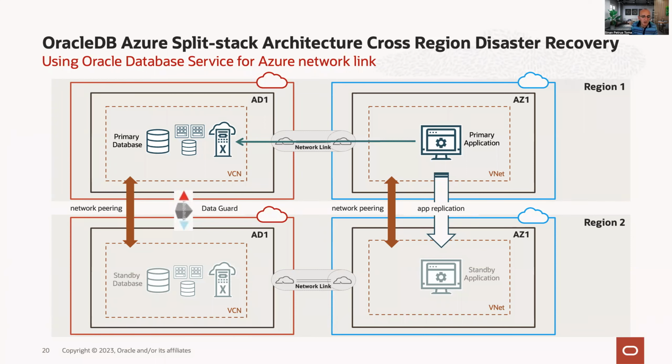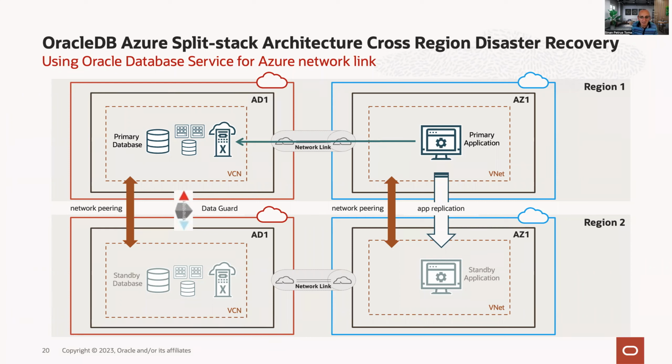We have region 1 on the top left side, and then OCI region 2 on the bottom left side. And this is what we described in the previous slides. We have two Oracle databases, networks are peered, and Data Guard is set up between region 1 and region 2.